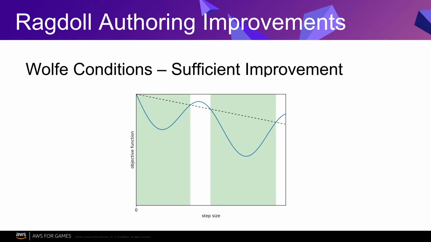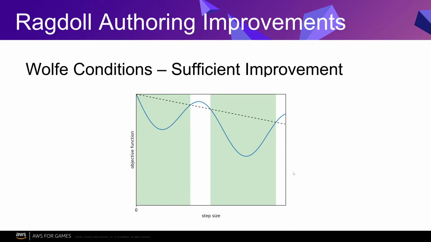There's a set of criteria called the Wolfe conditions, which it can be shown are sufficient to guarantee that the algorithm will converge. There's a lot more detail about this in the textbook I recommended earlier, but just to summarize, there's basically two parts to the Wolfe conditions.